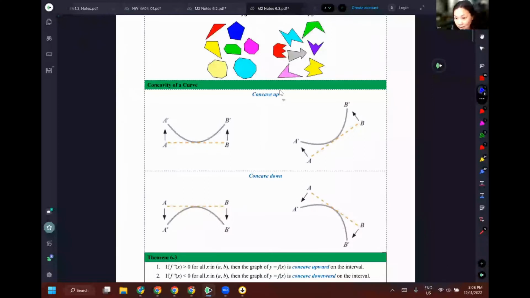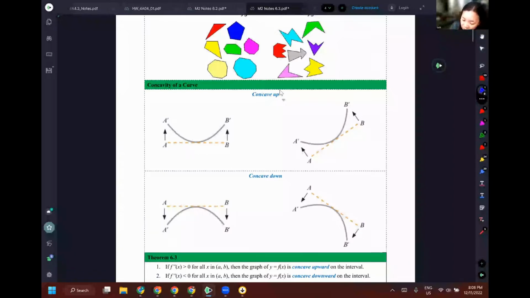One is concave up and one is concave down. We actually don't use convex anymore. Both of them are concave. One is concave up and one is concave down. And there's no explanation to it. It's just like, oh, one is bending towards upward, one is bending downward. But what is bending upward and bending downward?